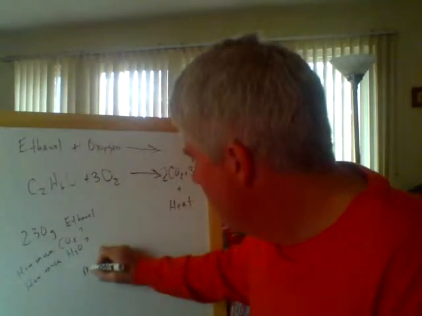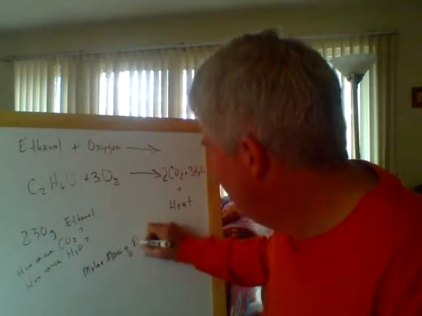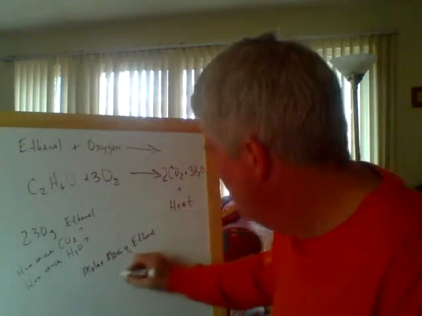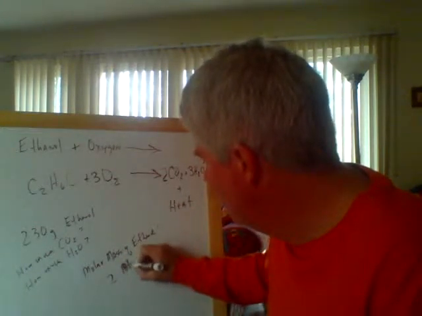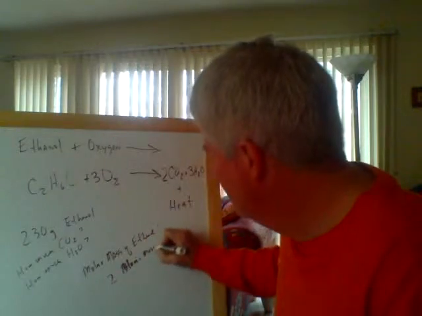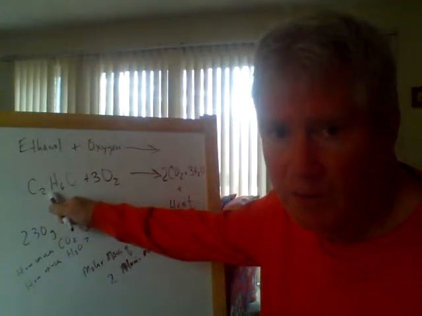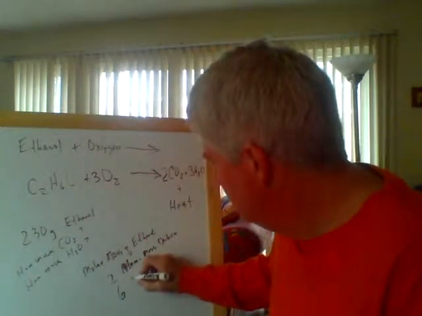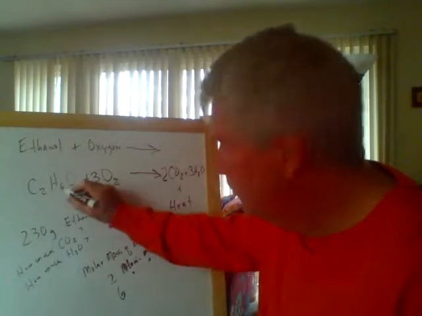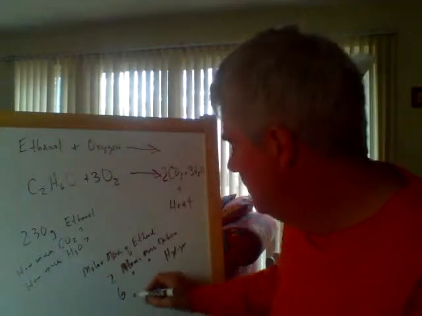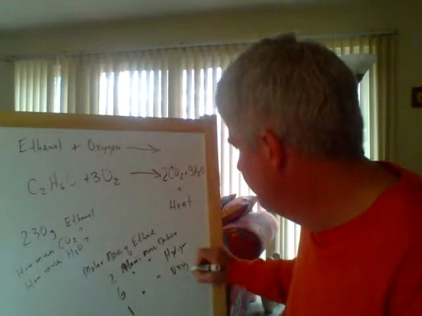So the molar mass of ethanol is 2 times the atomic mass of carbon, 2 because we have 2 carbons in ethanol. It's 6 times the atomic mass of hydrogen, because we have 6 hydrogens in ethanol, and it's 1 times the atomic mass of oxygen.